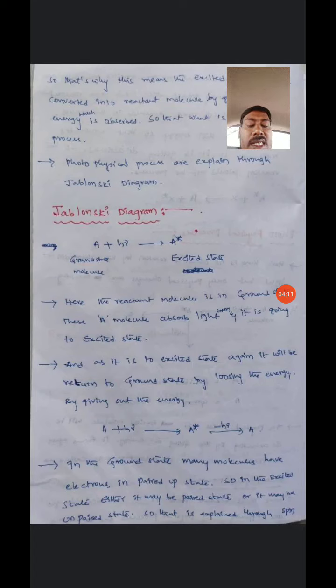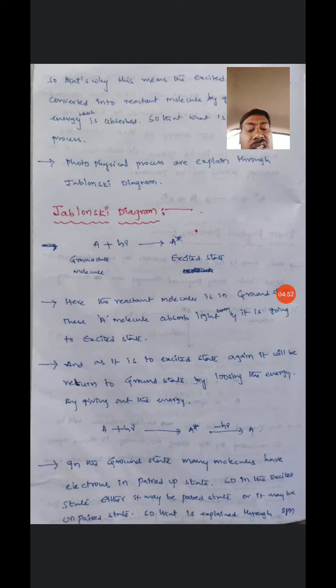So here A is a reactant molecule, it absorbs light energy and goes to A star. Now A star is an excited state molecule, and it loses the light energy and again forms the reactant molecule, that is A. In the ground state, many molecules have electrons in a paired up state.